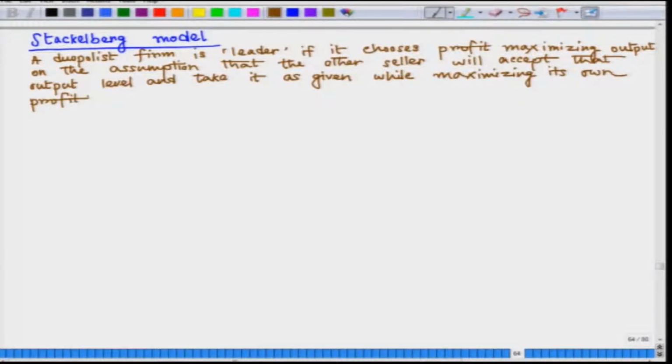Right. Okay. So, on the contrary, a duopolist firm is the follower who accepts the other's output choice.